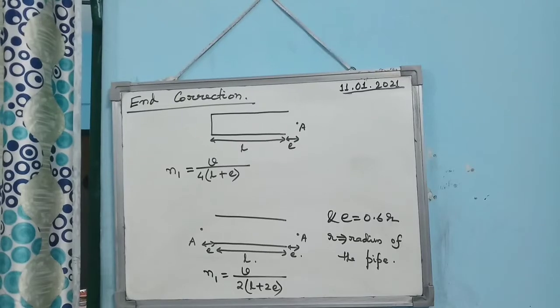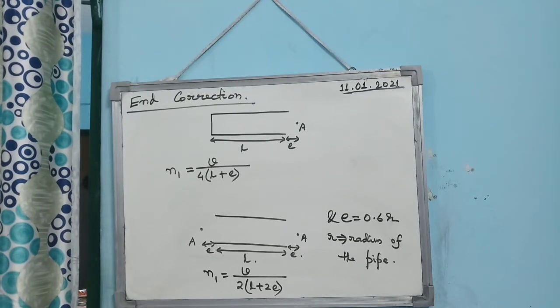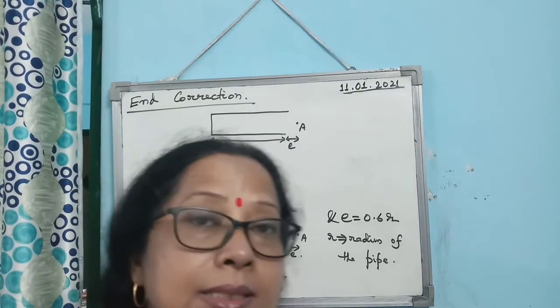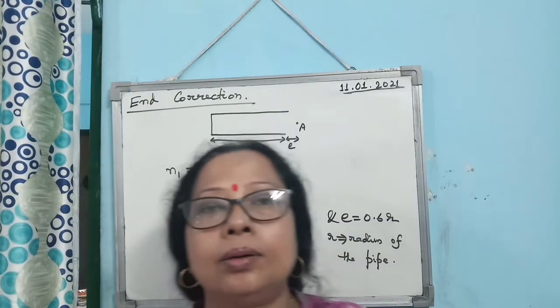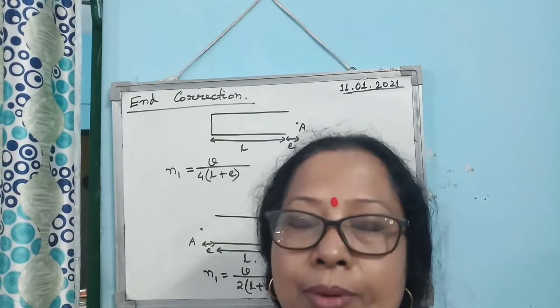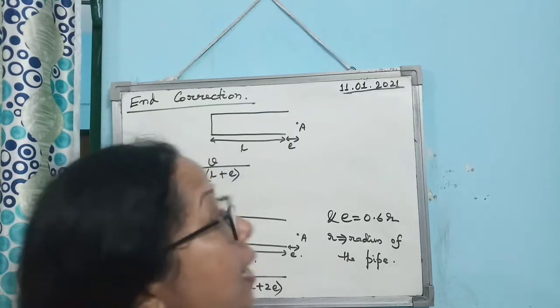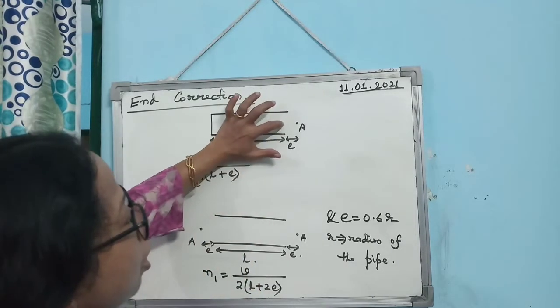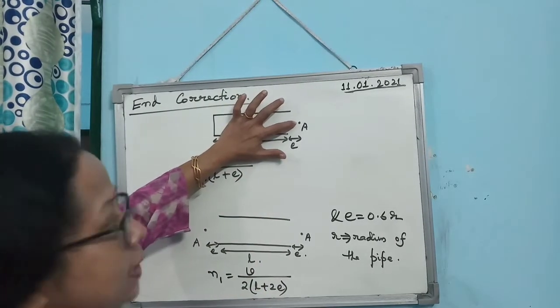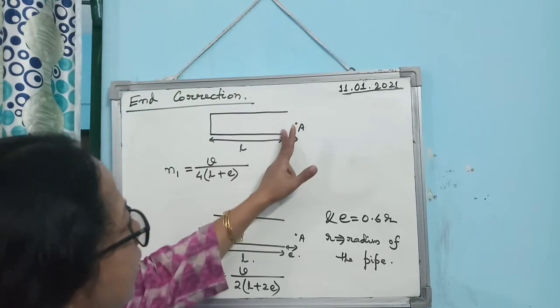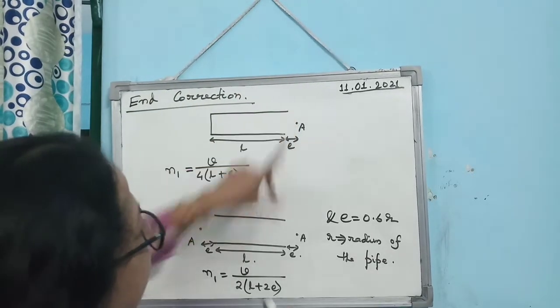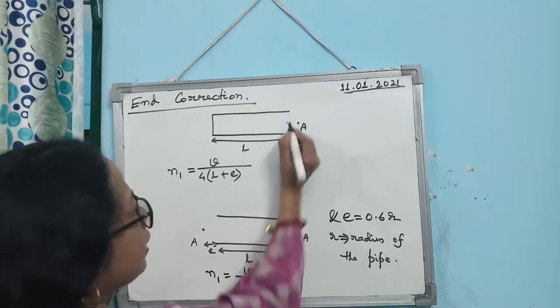Now next comes the concept of end correction. While discussing the sound produced by the vibration of air column in the organ pipe, I hope you remember I drew the antinode exactly at the end. Means if this is the end, then I drew it here.